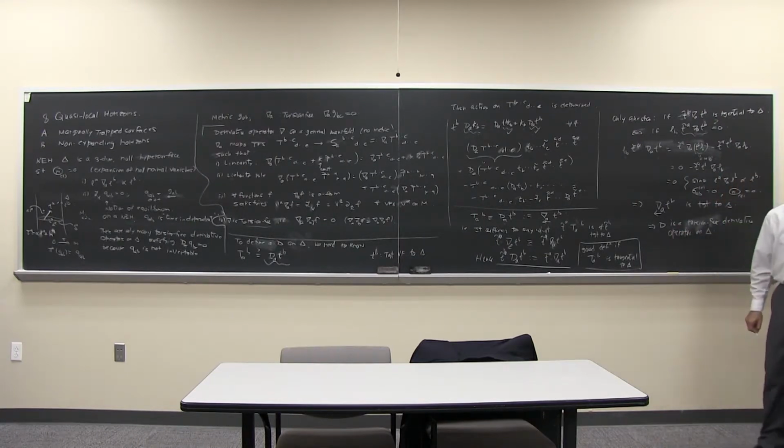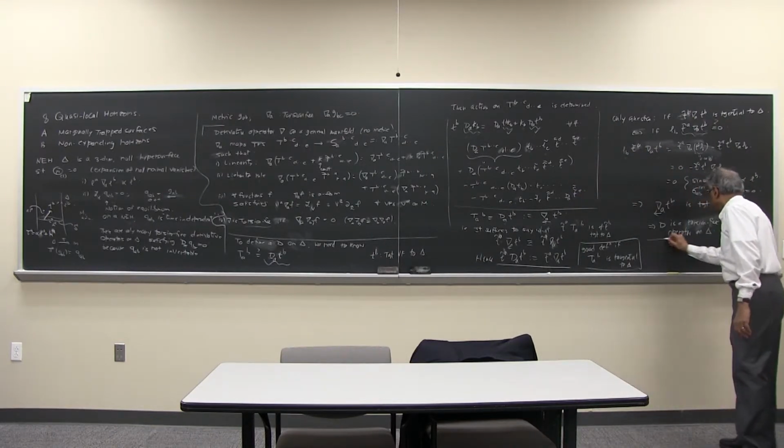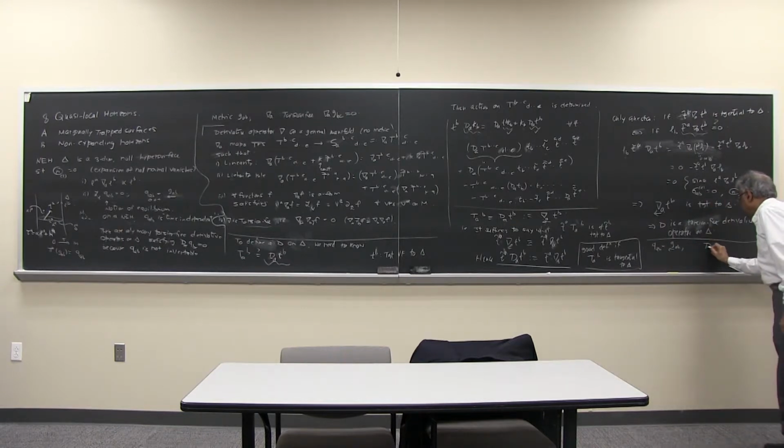So the metric on delta is obtained by QAB being just the pullback of GAB. DA is obtained by saying, in fact, we're just pulling back the full space-time derivative operator to delta.